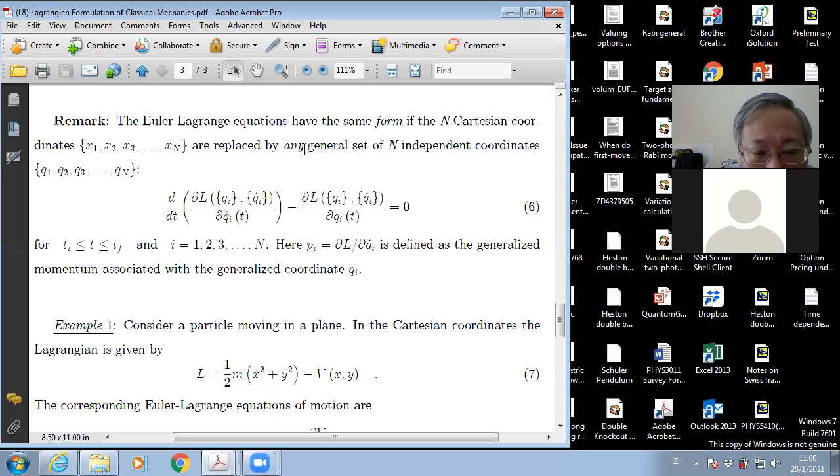Now, it is important to point out that very often not all the n Cartesian coordinates are independent.